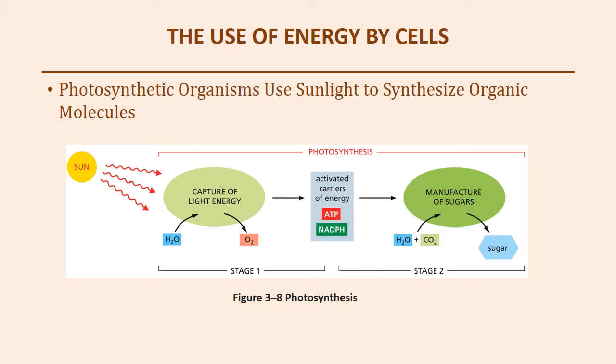Auto means self. So an autotroph is a self-producer. It's able to generate all its own food.